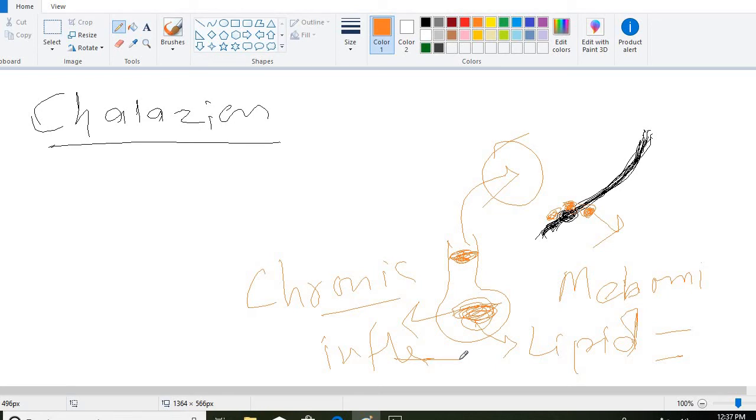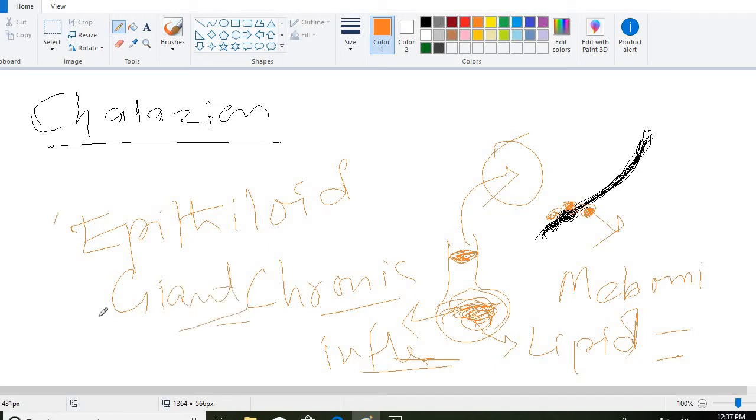With chronic inflammation, there are a number of epithelioid cells and giant cells accumulated, surrounded by sebaceous gland acini and their content. Plasma cells, lymphocytes and neutrophils are also present, because this is an inflammatory reaction.